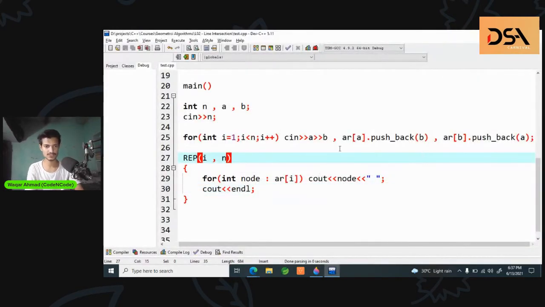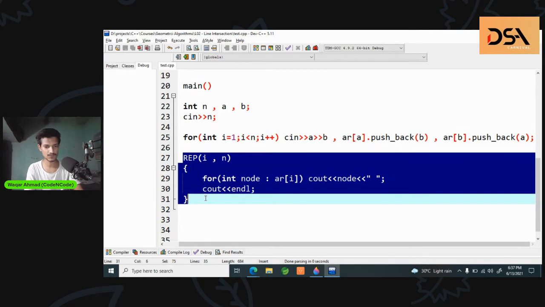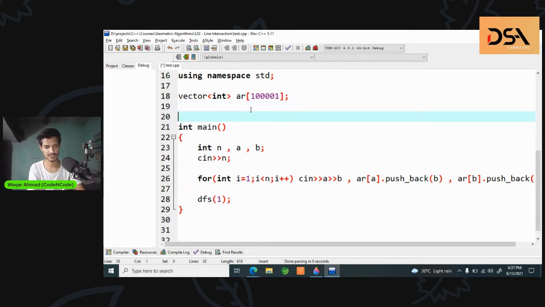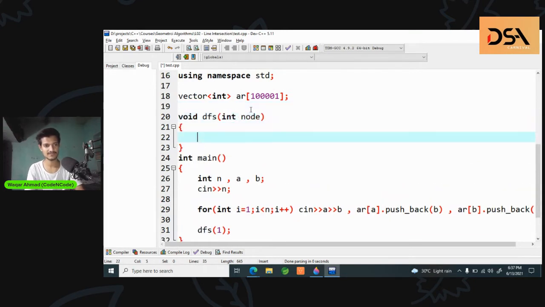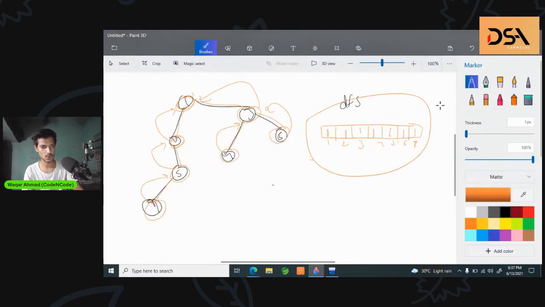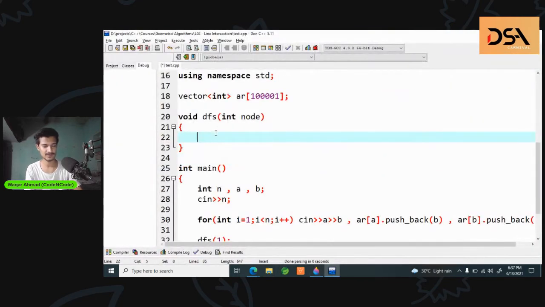Okay, so this is how we are creating the graph, using an adjacency list. I'm not going to do anything here, and simply what I'm going to do is run DFS on node 1. Here, let's define DFS. This is the DFS function which will traverse this whole tree one by one, in the manner in which DFS is supposed to visit.